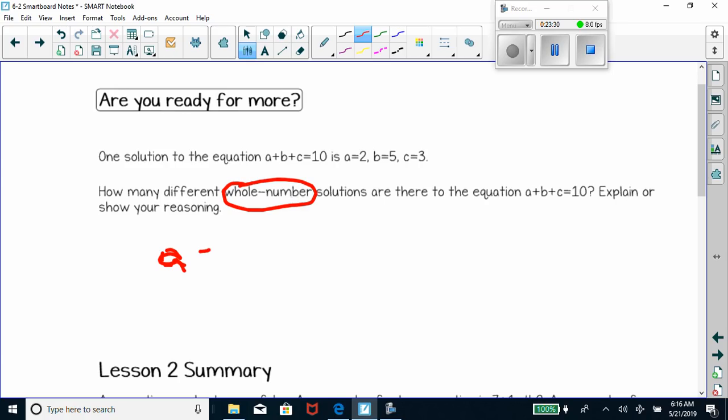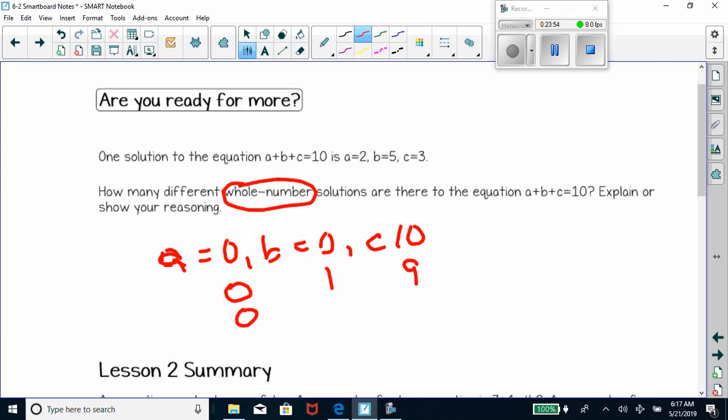If A equals 0 and B equals 0, then C would have to equal 10. And if A equaled 0 and B equaled 1, then C could equal 9.